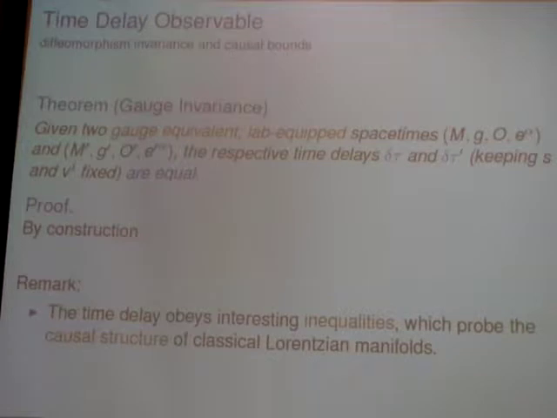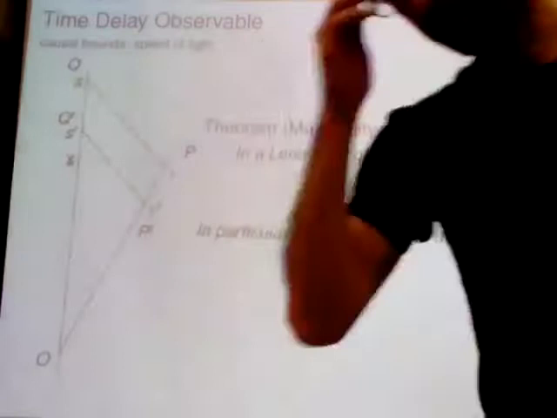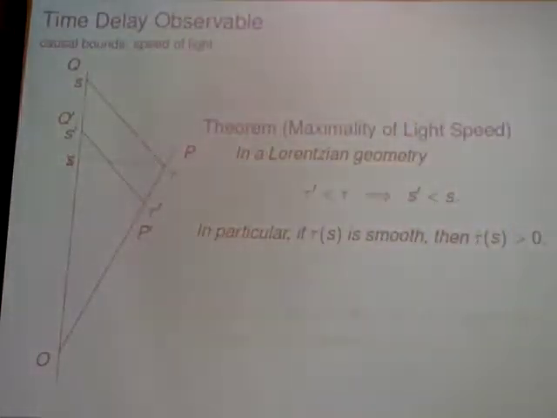As I hinted at earlier, once constructed, this gauge invariant observable is not interesting just by virtue of being an example of that, but it also encodes some information about the causal structure of the ambient spacetime where you're doing the experiment. Okay, I'm going to explain how that works.